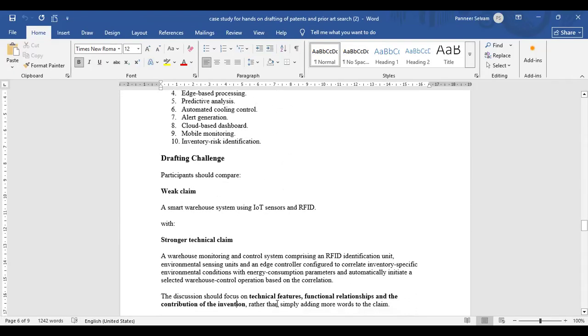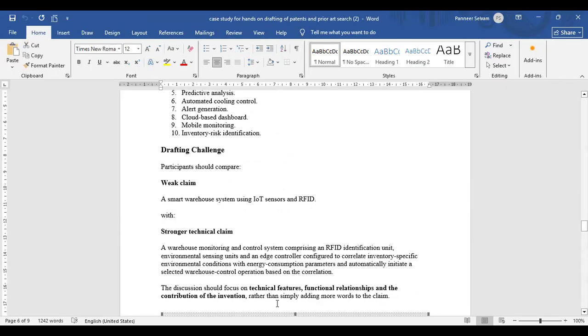A stronger technical formulation focuses on the functional relationship between the components. It describes an RFID identification unit, environmental sensing units, and an edge controller configured to correlate inventory-specific environmental conditions with energy consumption parameters and automatically initiate selected warehouse control operations based on that correlation.